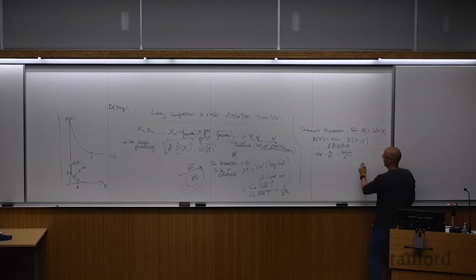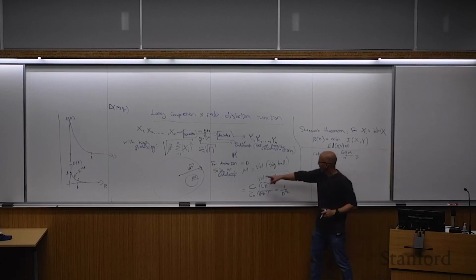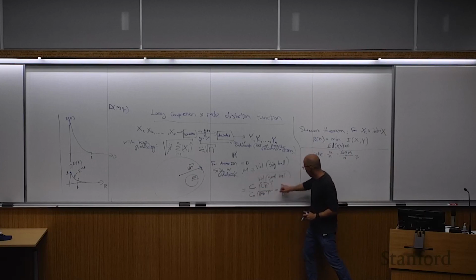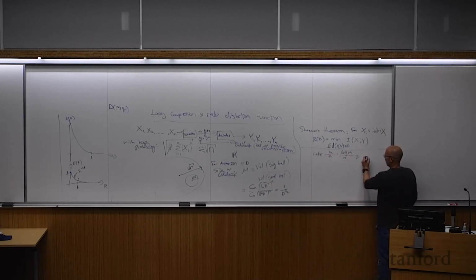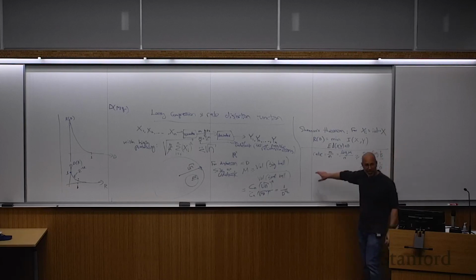That's going to have to be at least, so the size of the code book is at least this, so log of that is at least n over 2 log 1 over d, and then divided by n. So that's the 1/2 log of 1 over d that I just erased.